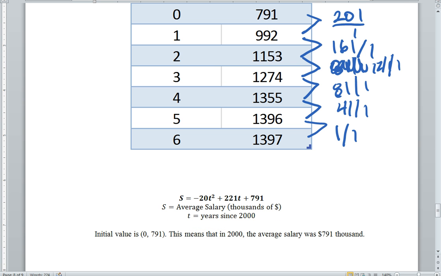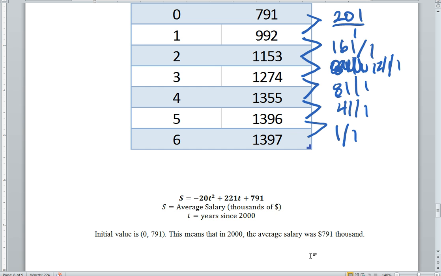Okay, well, we talked kind of about this 221. If it were just a linear function and all we had was the 221t plus 791, the 221 would represent the constant rate of change. But in this scenario, this is only the initial rate of change. It's only the blast-off speed.